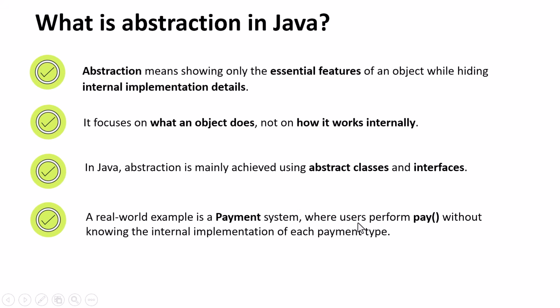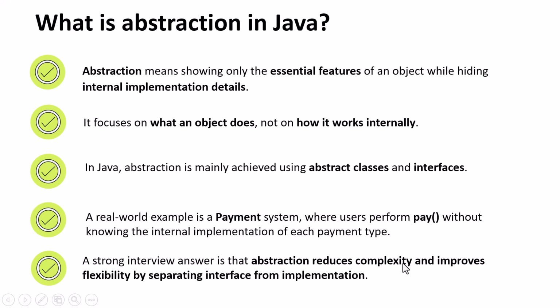The common operation may be pay, but the internal implementation can be different for credit card payment, UPI payment, or net banking payment, while the user only sees the common action. The main benefit of abstraction is reduced complexity and better design flexibility. It helps developers build clean architectures, separate interface from implementation, and make code easier to extend and maintain.